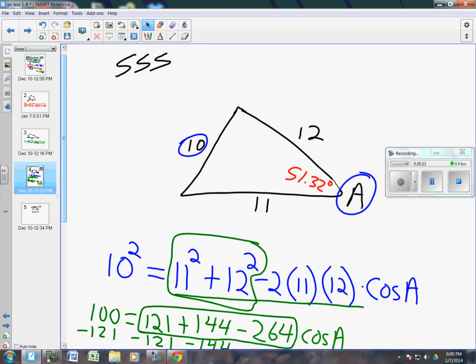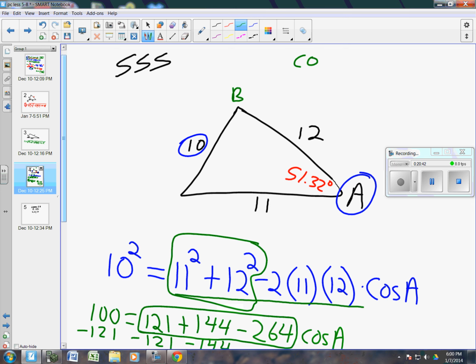At this point, I can use the law of sines because I know a side and an angle that are opposite from one another. So right here, we're looking for an angle, so I'm going to call this angle B up here.